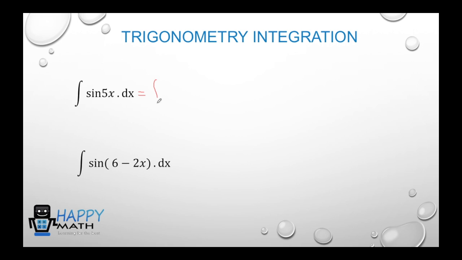First one, I change dx to d of 5x, and you have to divide by 5. It means you multiply with 1 over 5. And the result is minus cos 5x plus c. Okay, this is the result.